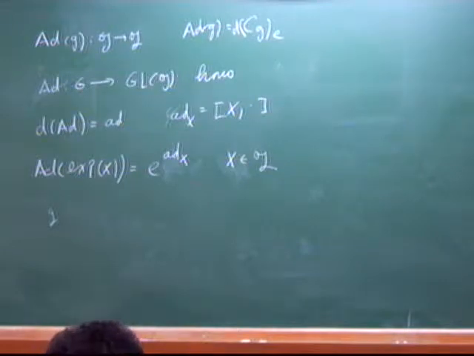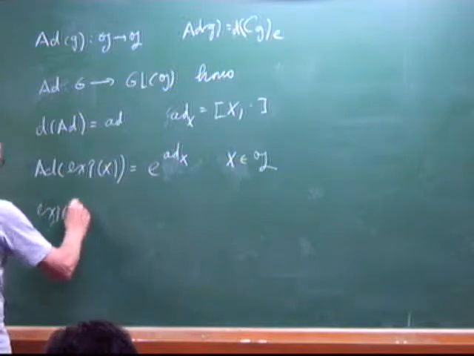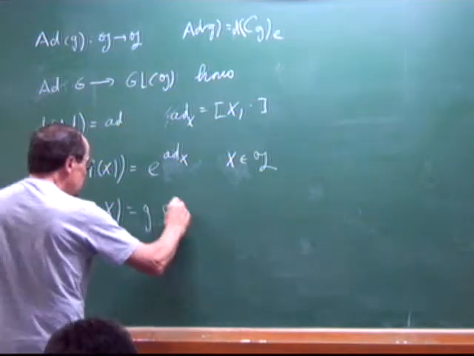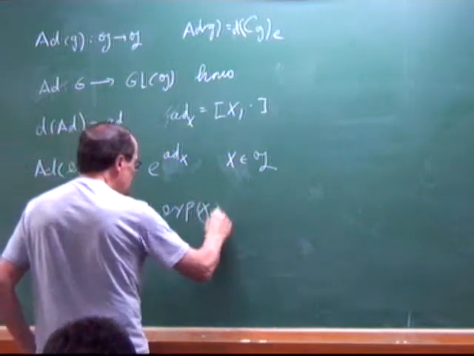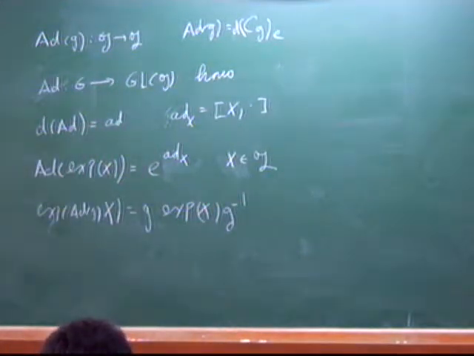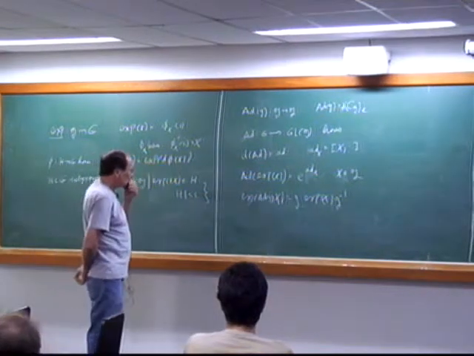So exp of Ad g x is equal to g x g inverse. Again, essentially this property right here for the conjugation automorphism.